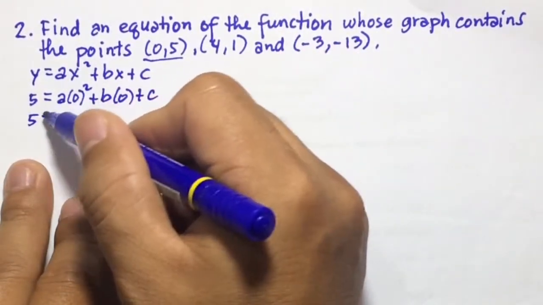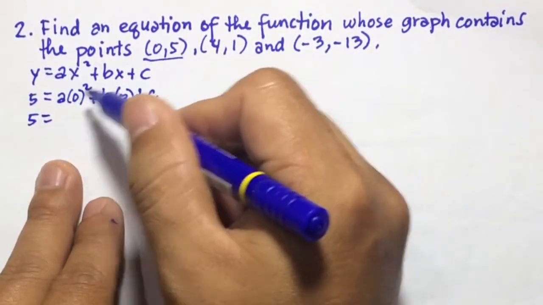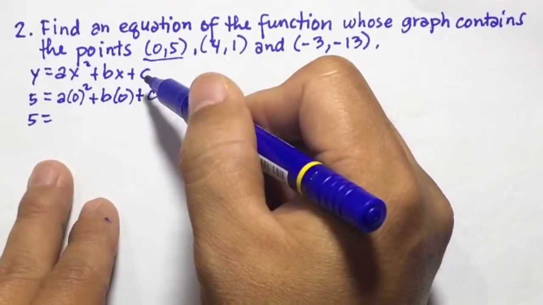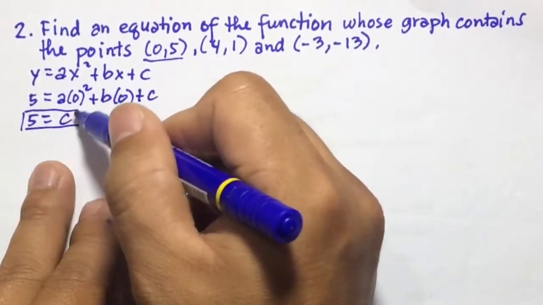And this is 5 equals 0 squared is 0 times a is 0, then b times 0 is 0, so we can have the value of c equals 5.